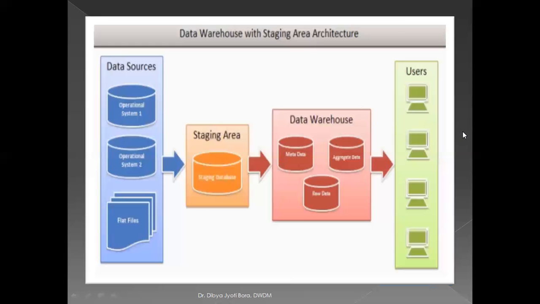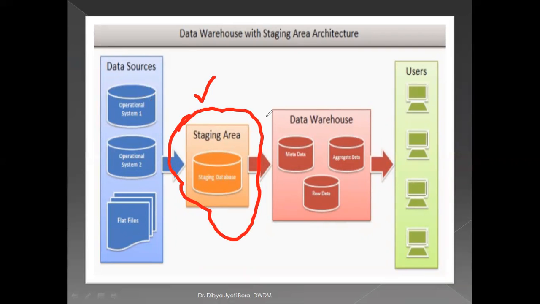Now, if I try to show it with a diagram, this one is a very good one. You can see that this is the staging area. The data coming from different sources needs to pass through, or land at, that staging area, and there the preprocessing will be done.